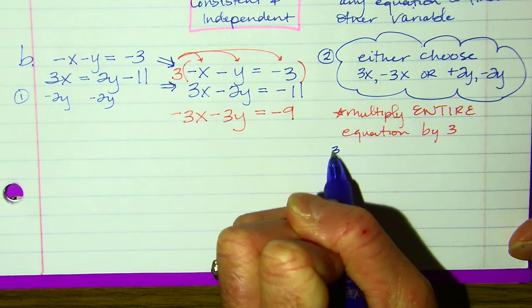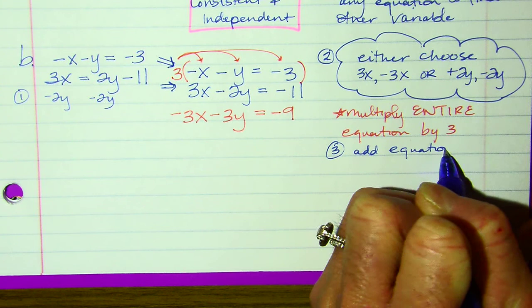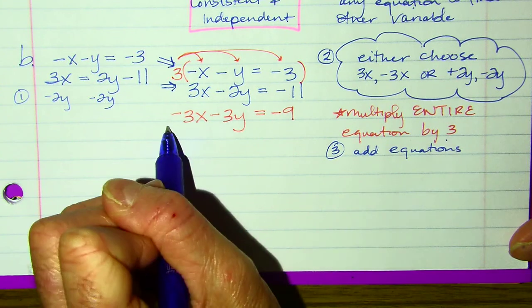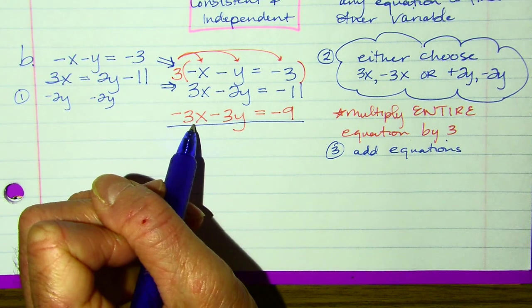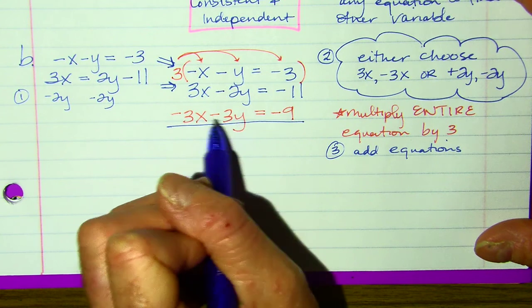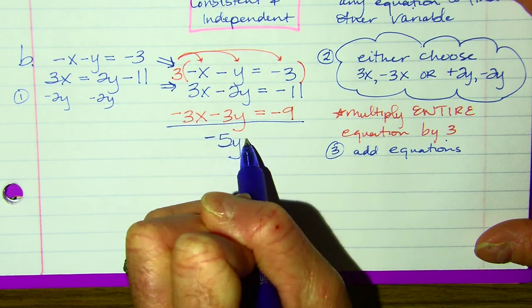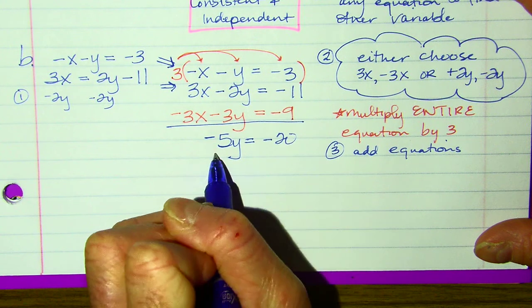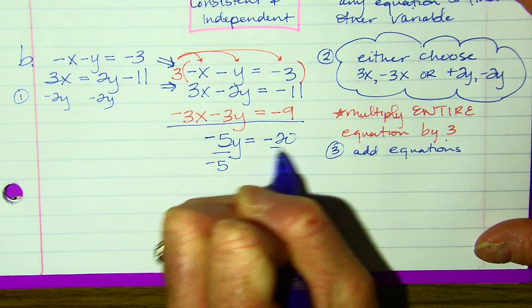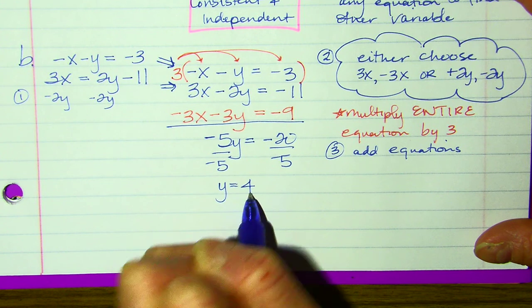Step 3, I'm going to add equations and solve. So I'm adding these two equations. 3x minus 3x eliminates or cancels. Negative 2y and negative 3y is negative 5y. Negative 11 minus 9 is negative 20. I'm going to divide both sides by negative 5, and I get y equals 4.